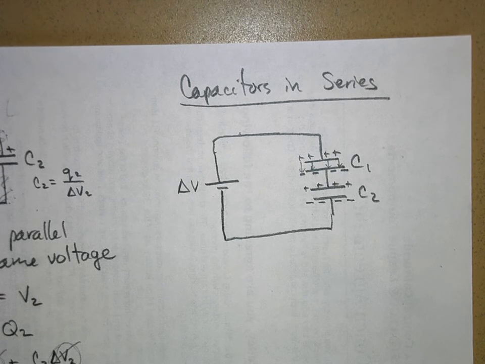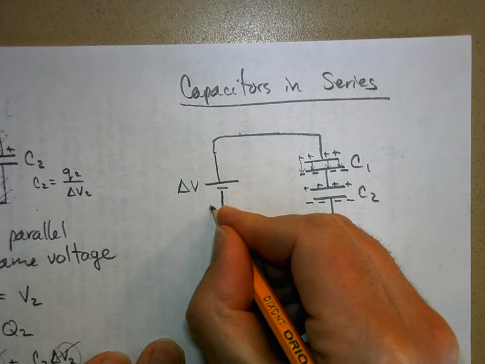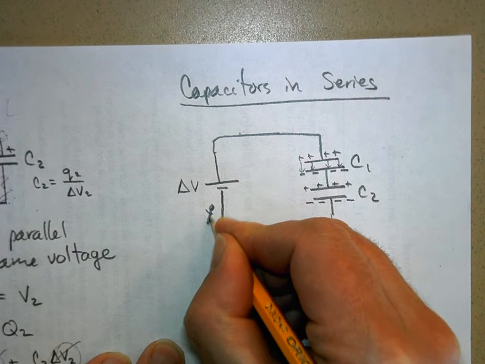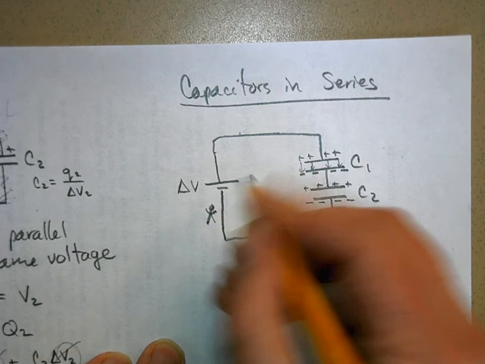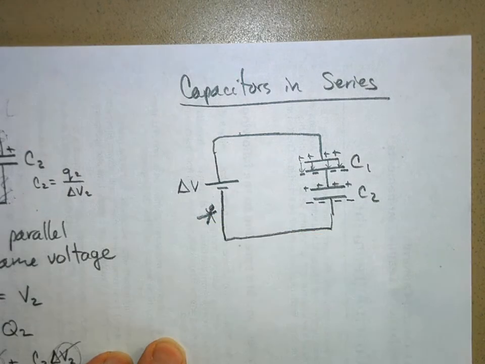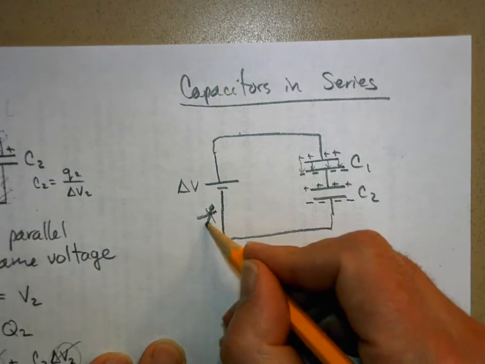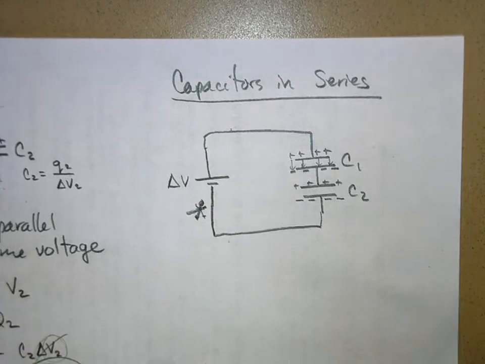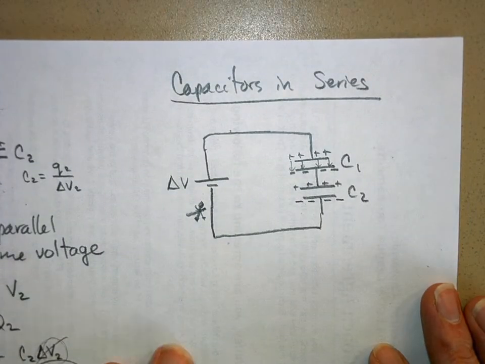So let's take a look at this in terms of voltage. Now the voltage is going to get shared. It's going to get divided. So here's voltage, man. Here's a cape. He needs a cape. All right. So the voltage is going to start at 0, right?